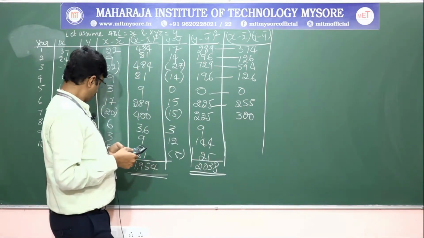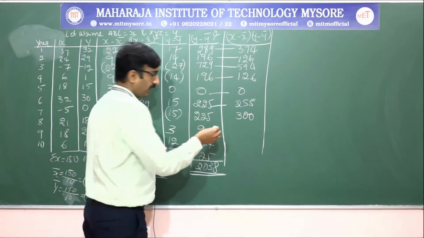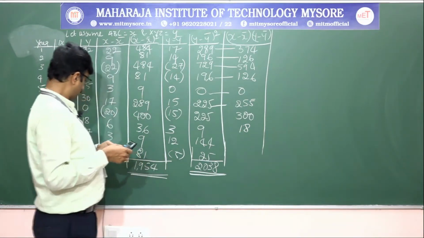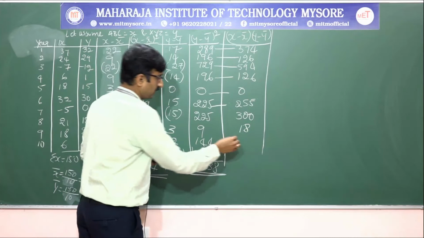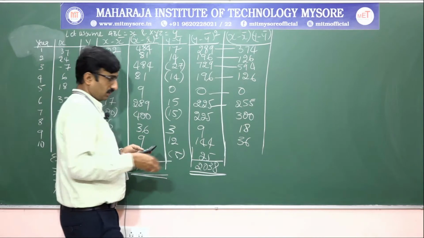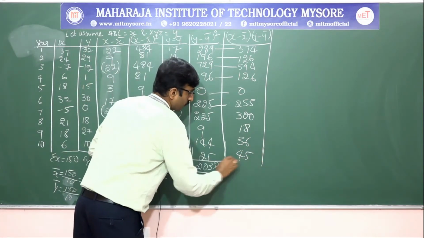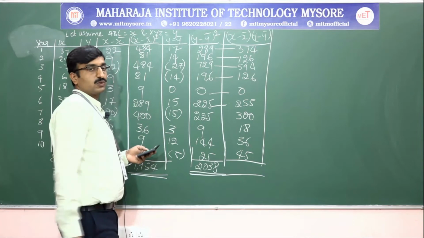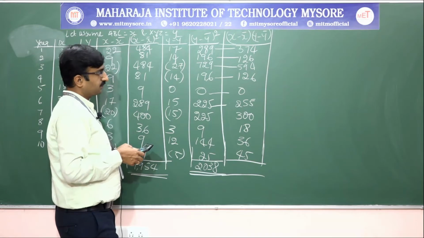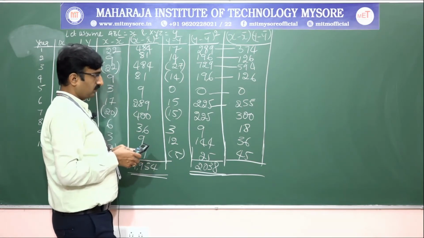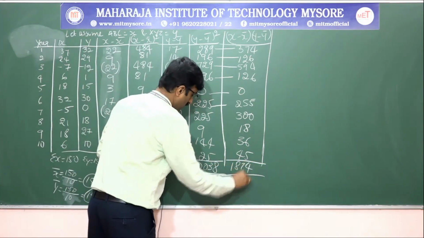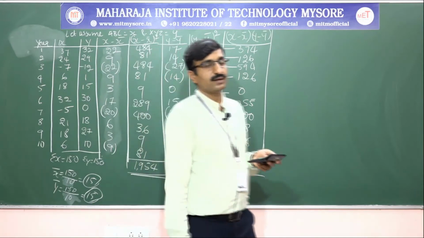Next, we are going to get 18. Then 36. At the end, we are going to get 45. Total of this you are supposed to do. How much are you going to get? 1874.